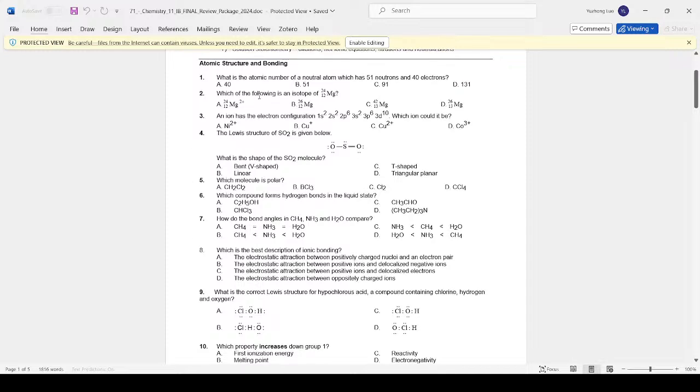This is fine. Isotope. Oh yeah, what are isotopes?